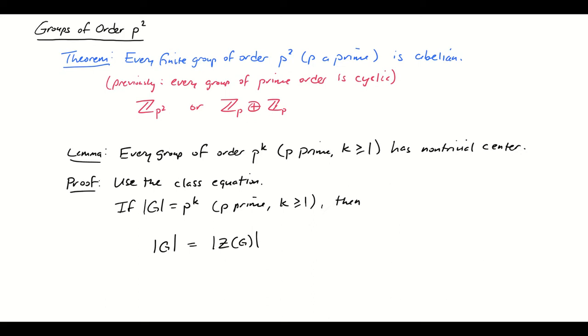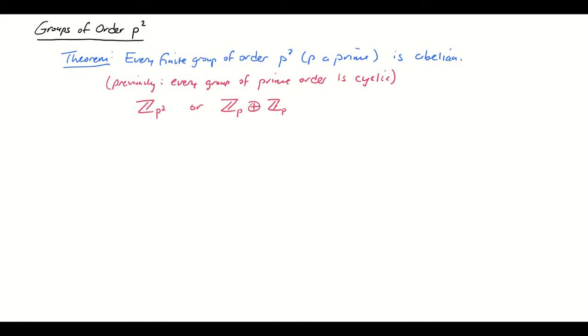Remember, that's the collective size of all of these singleton conjugacy classes, plus the sum over all other conjugacy classes of the order of G divided by the order of the centralizer of an element of that conjugacy class.